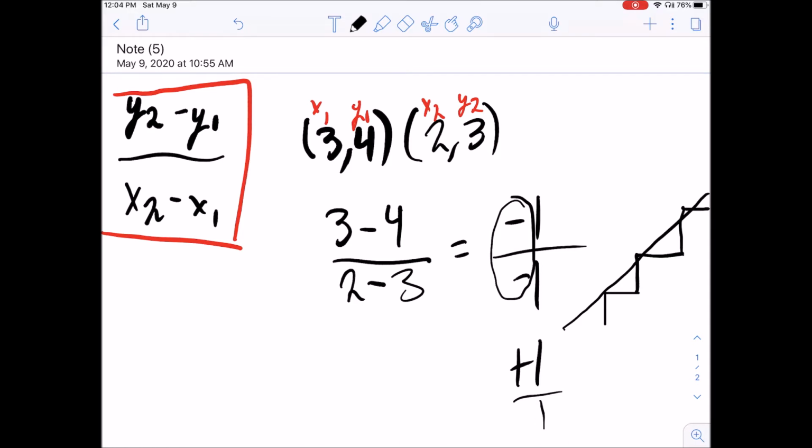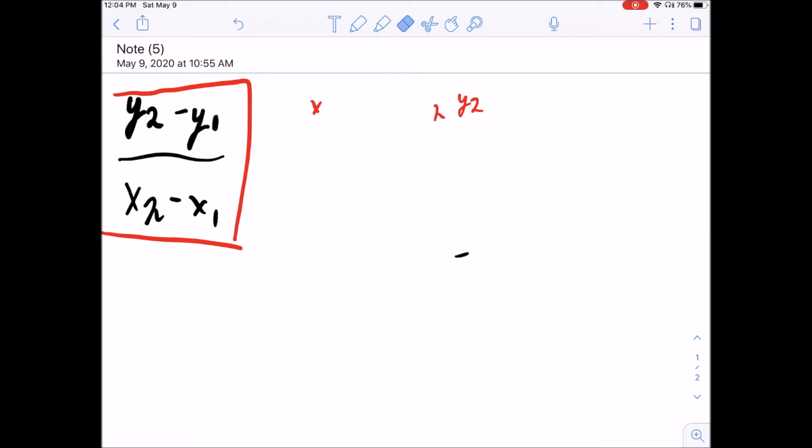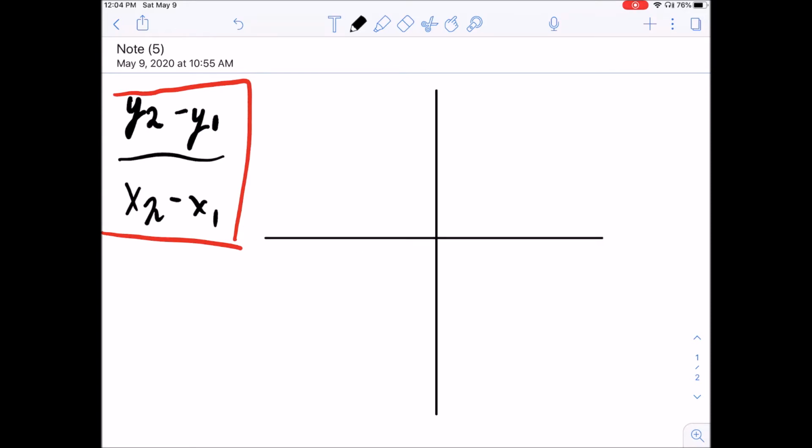Alright, so let's erase all of this. First, let's explain what slope is. We have a graph here. Alright, and we want to find the slope of these two different points.